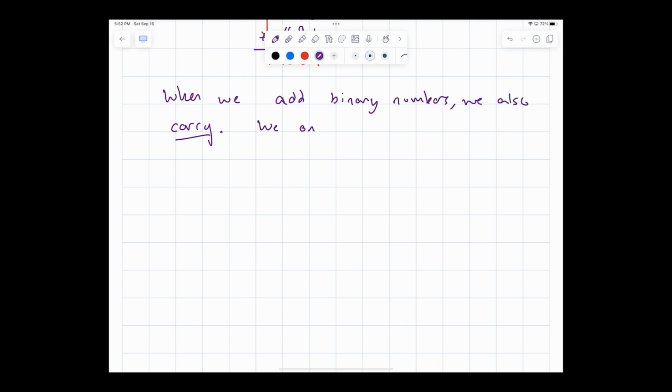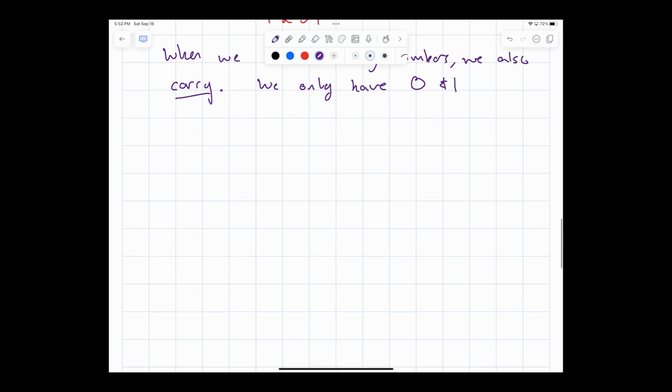So we only have 0 and 1. So basically what's going to happen is when you add a 0 plus a 0, that's just going to be a 0. If you add a 0 plus a 1, that's going to be a 1.